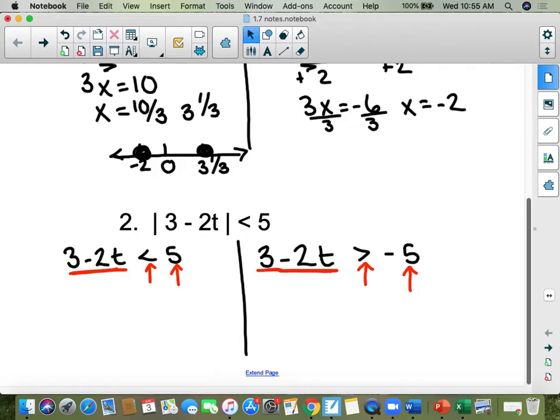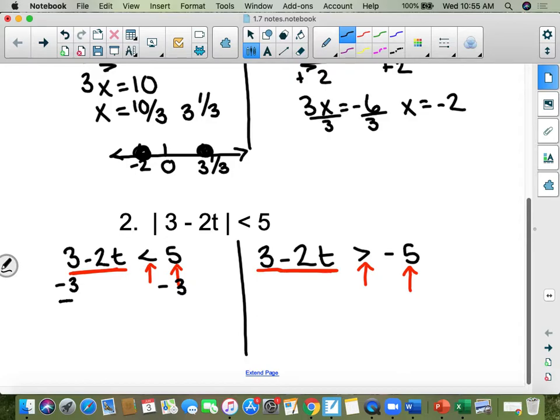Now we're going to solve for t. We're going to subtract 3 from both sides. You're going to get a negative 2t is less than 2. I'm going to divide both sides by negative 2. Notice I divided by a negative number, and since I divided by a negative number, I have to switch the sign. 2 divided by a negative 2 is a negative 1.